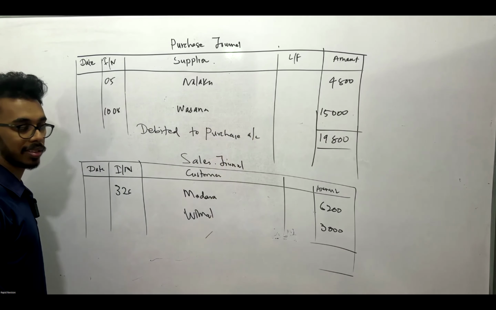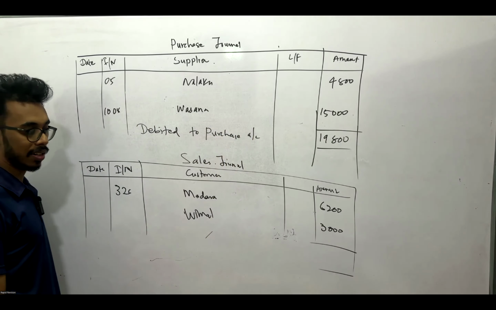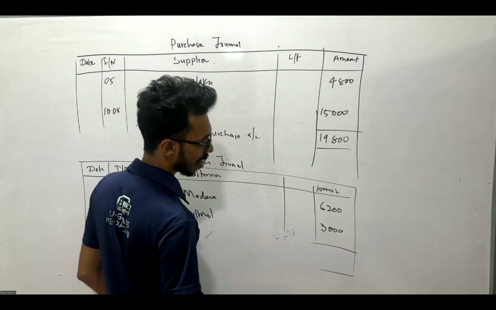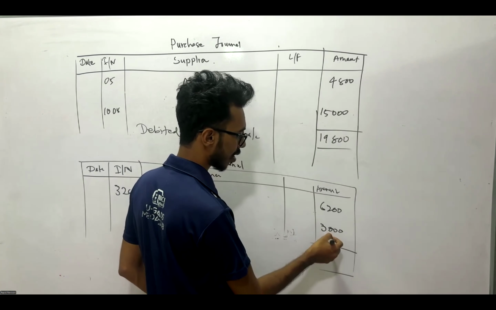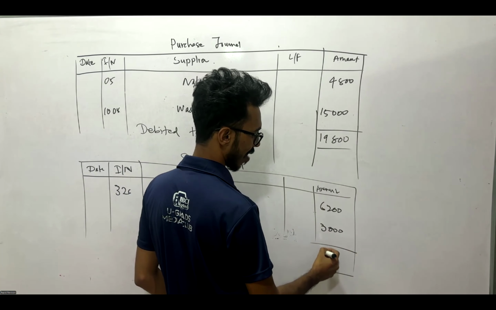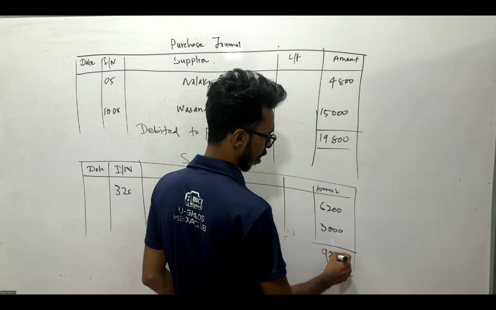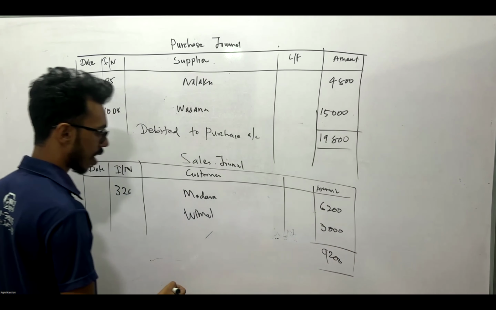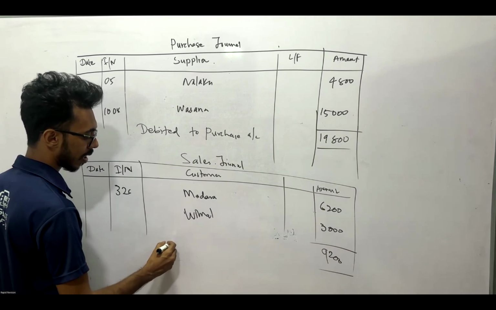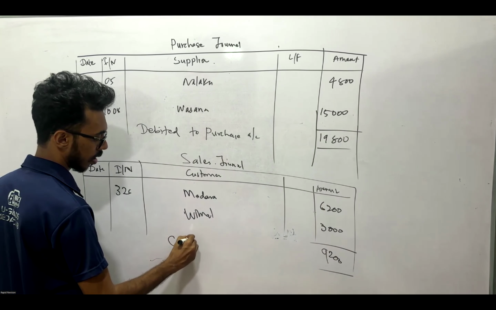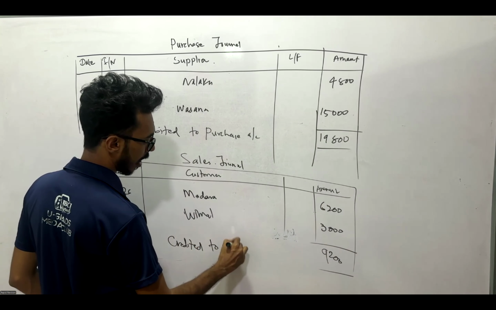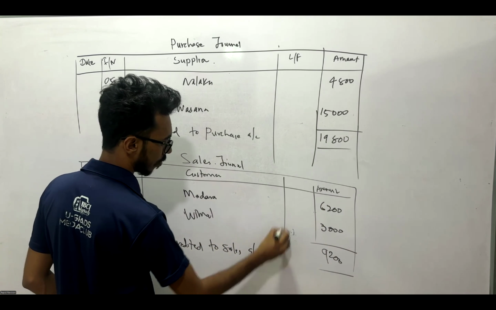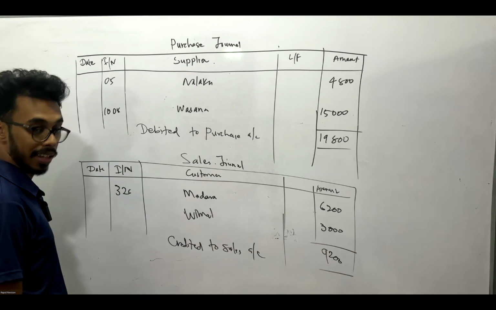For the sales journal, take the total: 3,000 plus 6,200 gives 9,200. This 9,200 will be credited to the sales account.